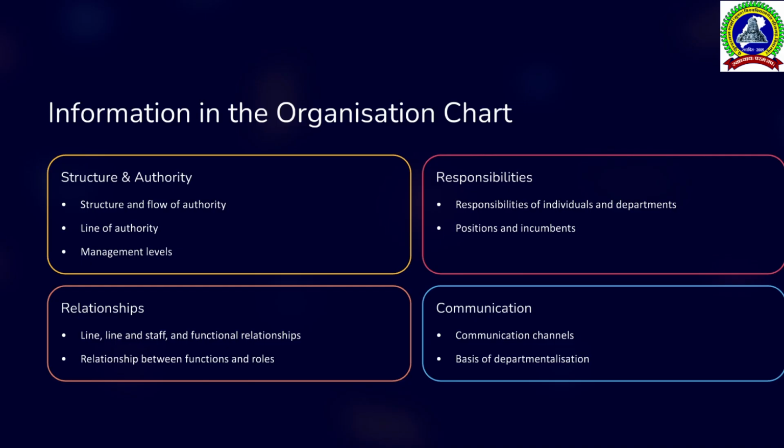An organization chart provides vital information such as the structure and flow of authority, responsibilities assigned to the departments and individuals, line, line staff and functional relationships, management levels, communication channels, basis of departmentalization, and relationships between functions and roles. Thus, it serves as a visual map of organizational relationships.